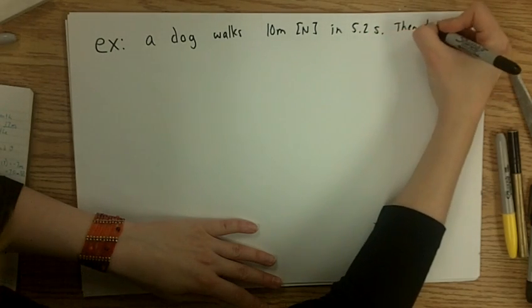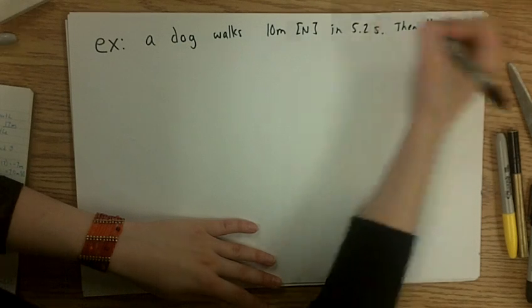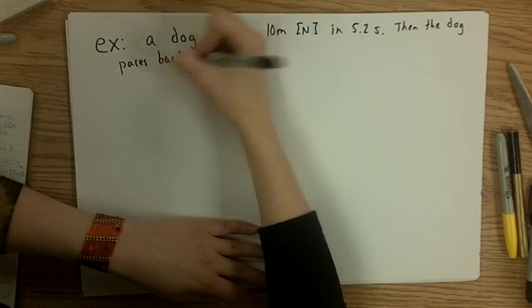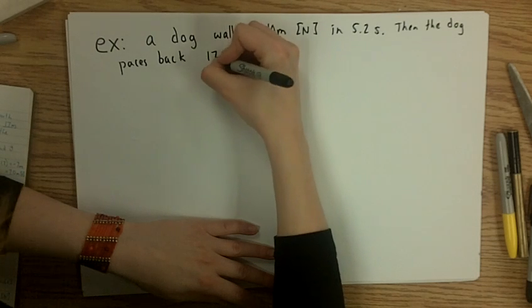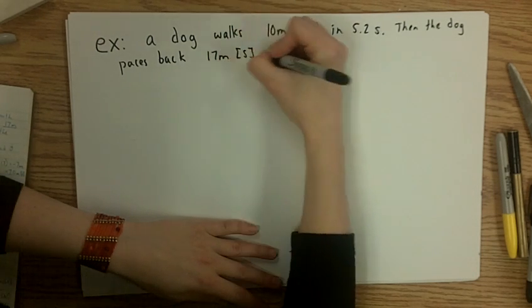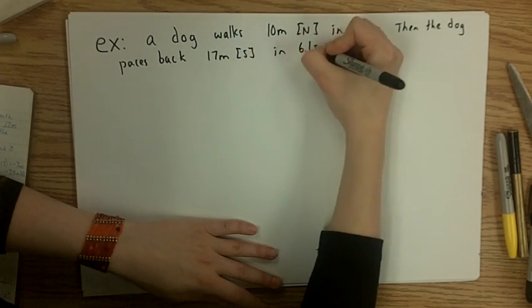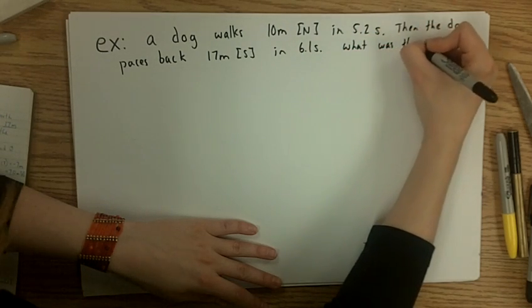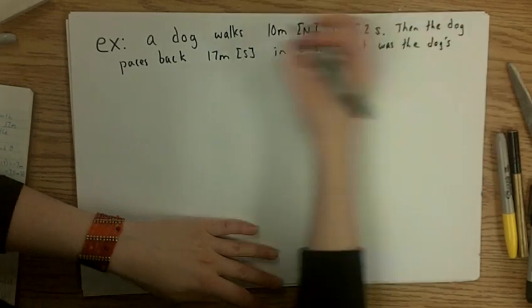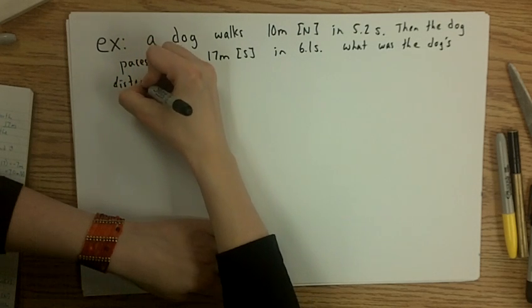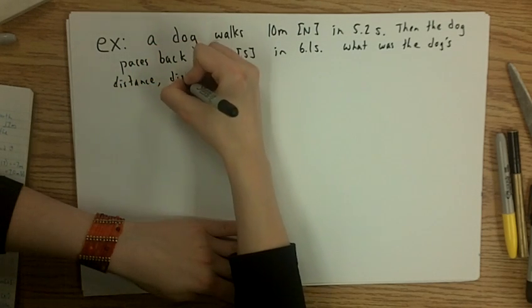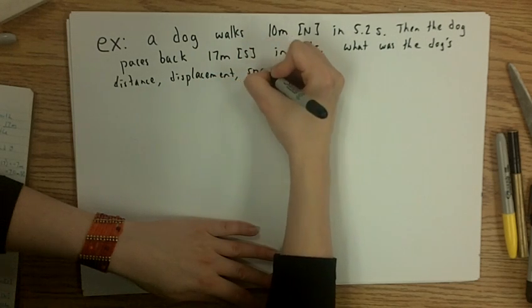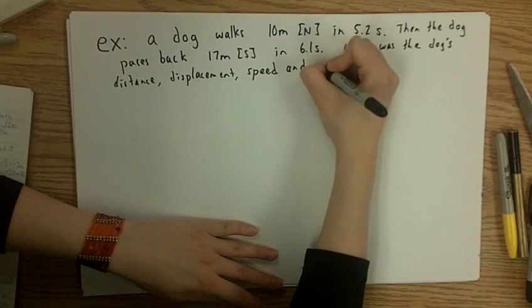Then the dog paces back 17 meters south in 6.1 seconds. What was the dog's distance, displacement, speed, and velocity?